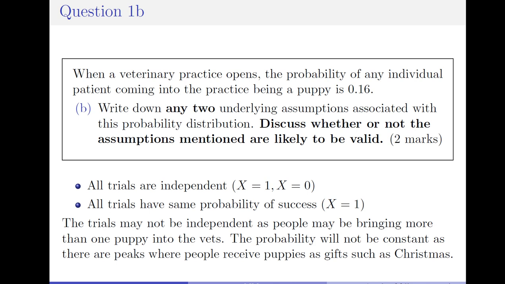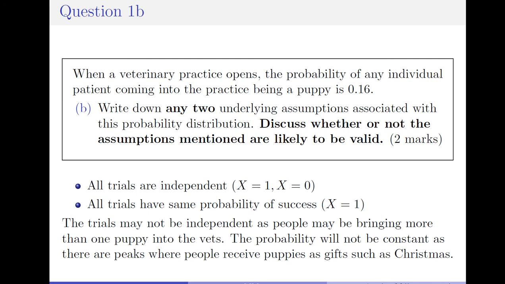So what I've written is, the trials may not be independent, as people may bring in more than one animal to the vets, whether it's a dog or a cat. In this case, it's puppies, because that's what we're dealing with here. So the trials may not be independent, as people may be bringing more than one puppy into the vets at the same time. Perhaps they've rescued or adopted sibling dogs.